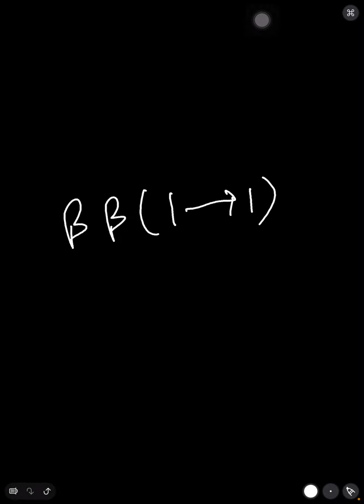All right, so 1,1 means that each one of the carbons in the respective saccharides is carbon number 1, aka the anomeric carbon. So in this case, you have two anomeric carbons that are linked to each other.